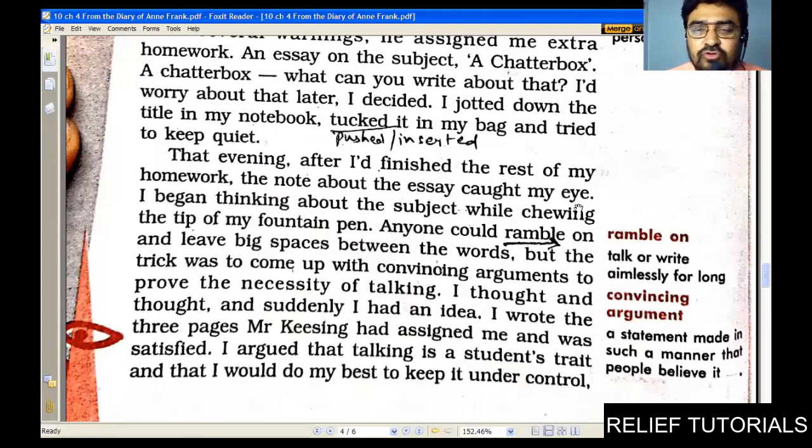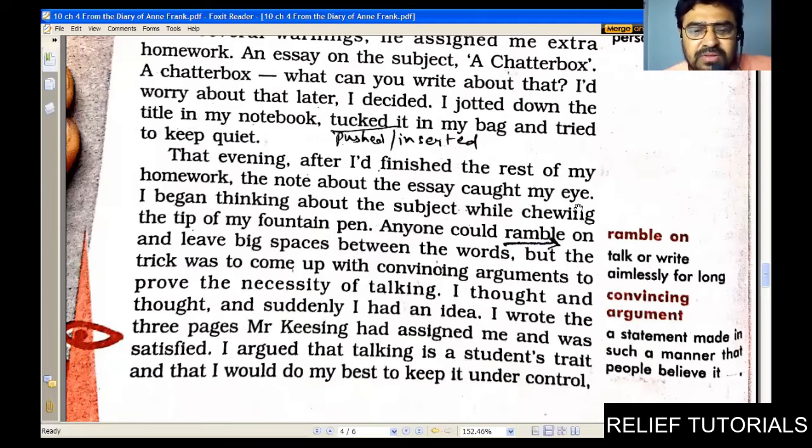"Anyone could ramble on and leave big spaces between the words." That is, there is an idea. Okay, if you really want to fill the pages and submit the homework, you can just leave spaces between letters and characters, and you can just ramble over there. You can just talk and write aimlessly, up to any length.